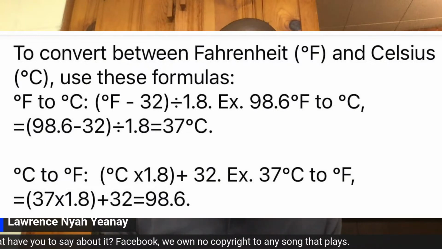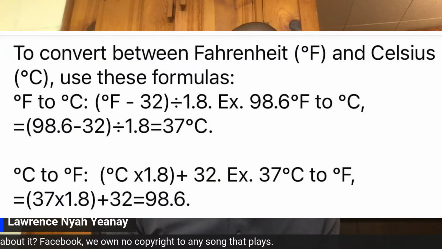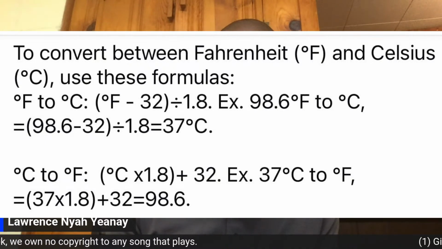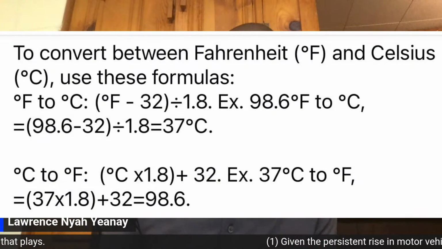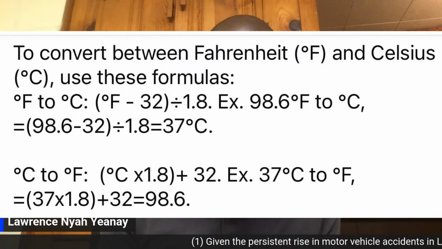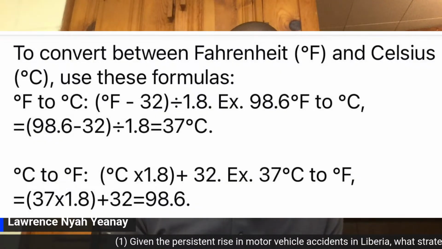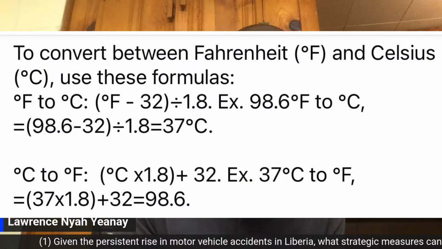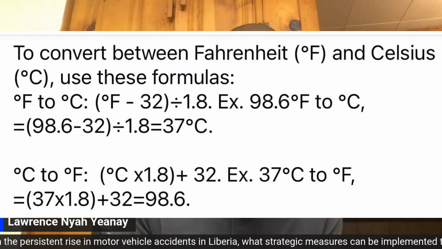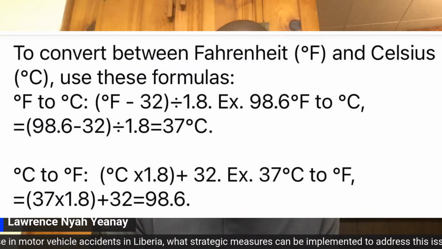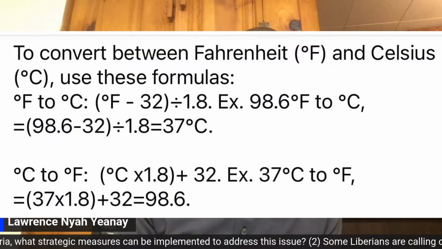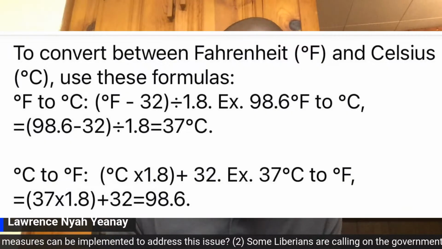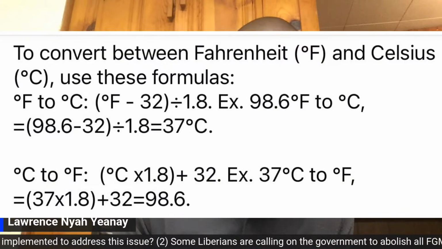As we learned in the formula here, when you're changing from C to F, you should multiply by 1.8 and add 32. So this is the same thing here. Since we were told to change 37 degree C to degree F, all you have to do here is multiply this 37 by 1.8 and add 32 to it.